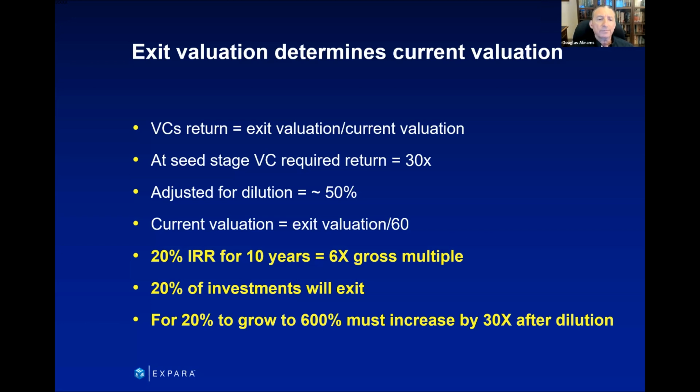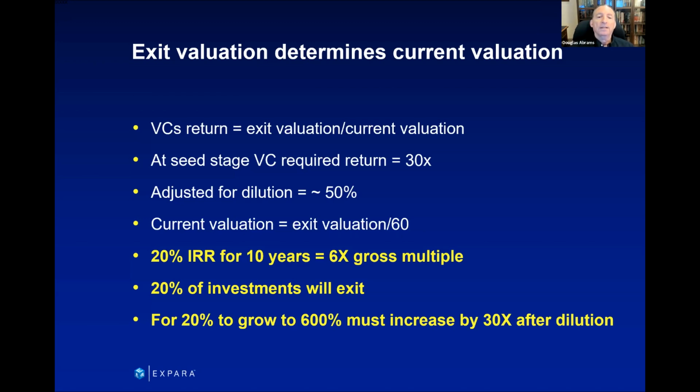So VC return equals exit valuation divided by current valuation. And at the seed stage, which is where we focus, and that's why I'm going to use that for all of our examples, the VC's required return on investment is 30x, meaning for every dollar invested, the VC needs to get back $30.